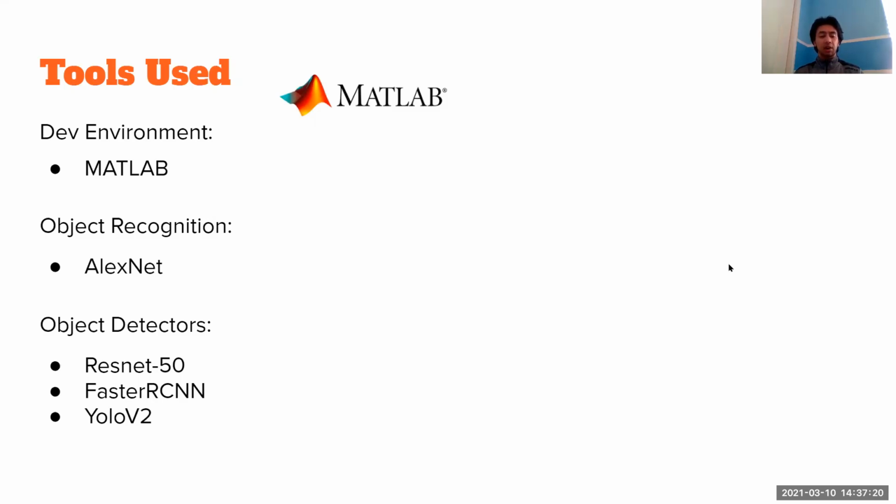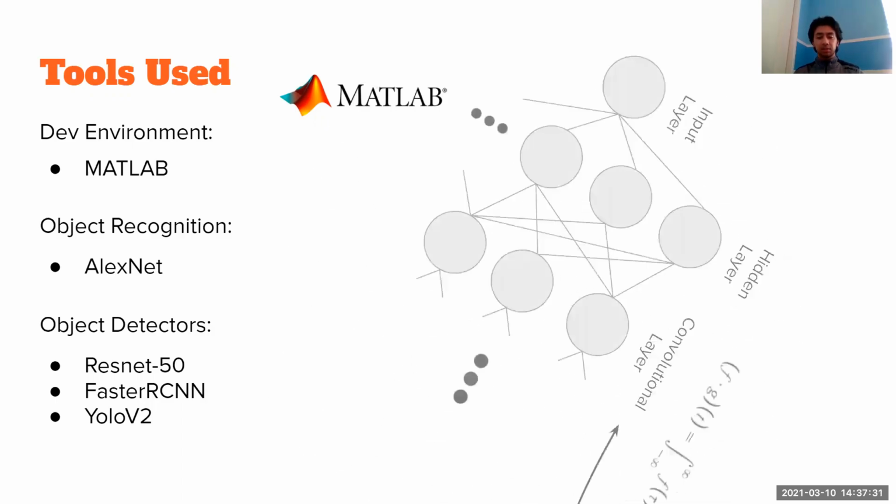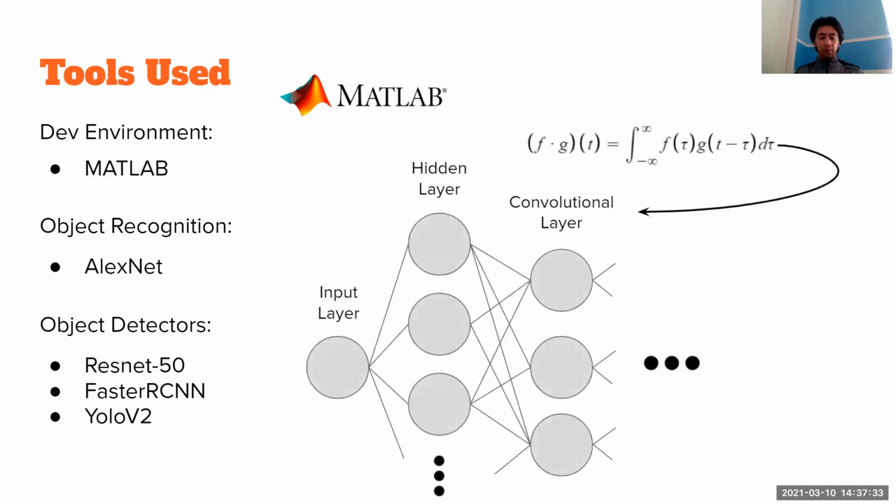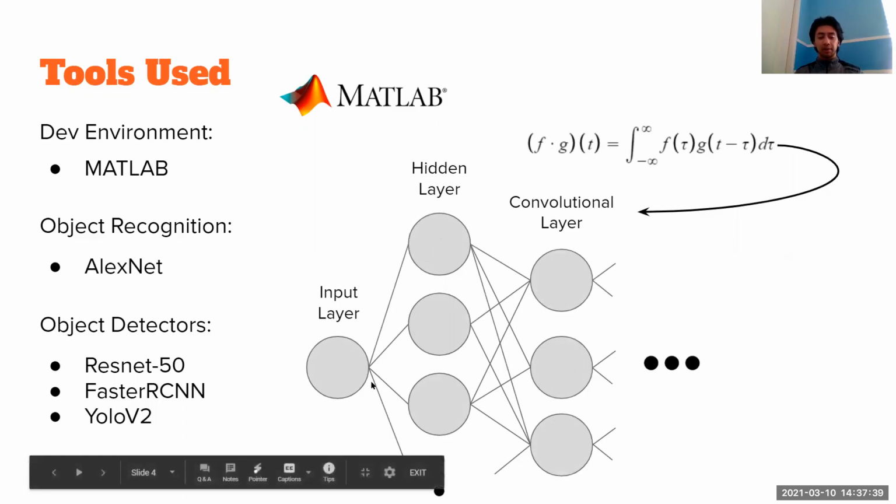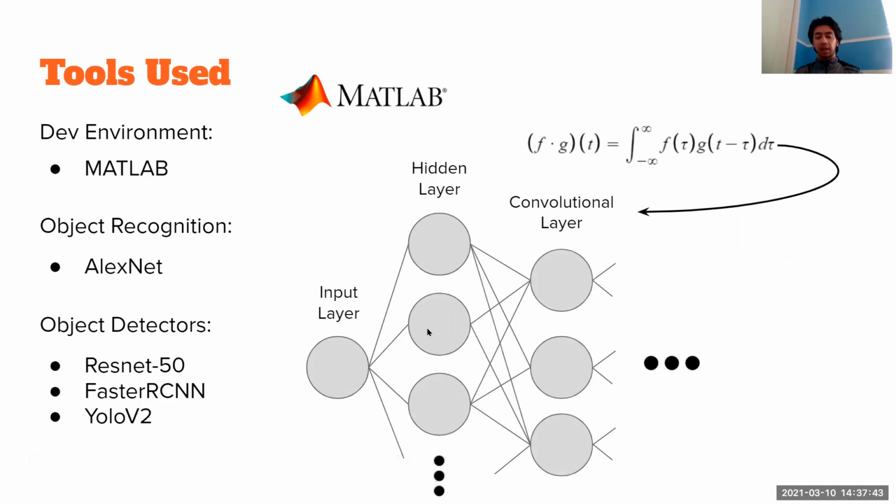AlexNet and ResNet 50 are two different convolutional neural networks. As you can see in this image, convolutional neural networks are very similar to regular neural networks, where you are given a graph and weights are computed between each layer to determine some output number.